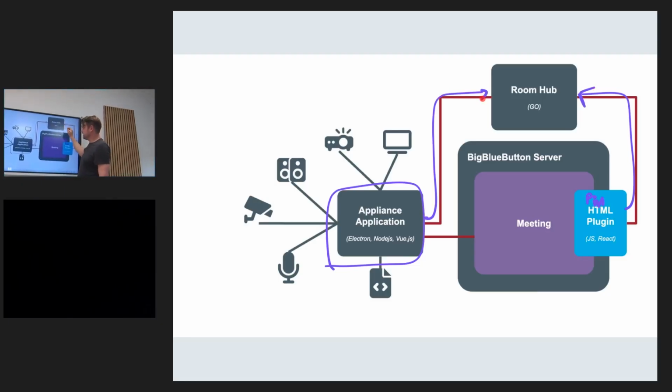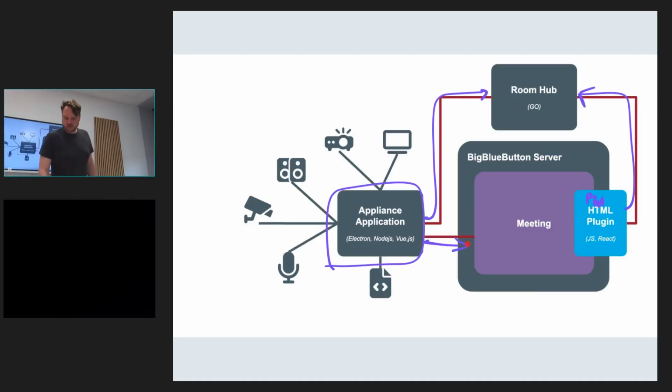And this does the handshake between the session of BigBlueButton and the appliance application. So then this appliance can get the credentials to enter the BigBlueButton meeting on the server. This is the technical side of things.